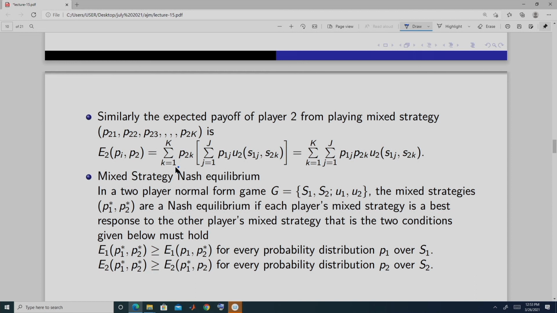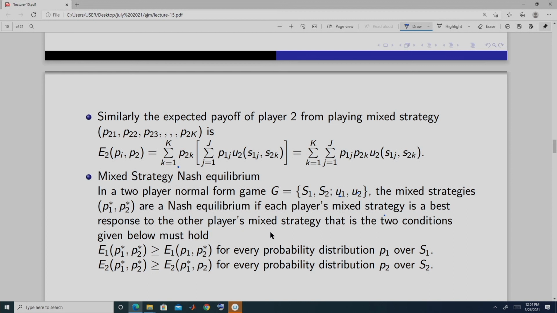We define the mixed strategy in a two-player game as this, where S1 and S2 are as we have defined above, and these are the payoff functions. The mixed strategies P1 star, with some probability attached to each strategy, and P2 star, with some probability attached by player 2 to each strategy, are a Nash equilibrium if each player's mixed strategy is a best response to the other player's mixed strategy.